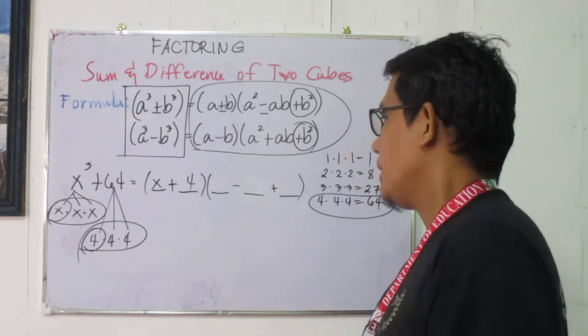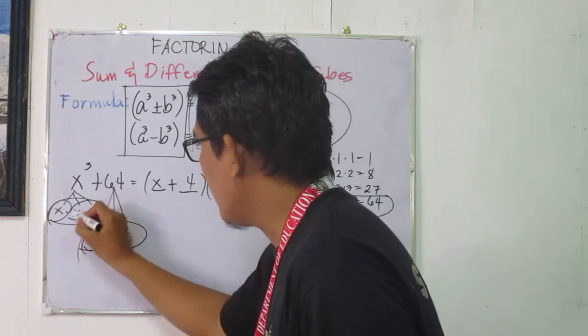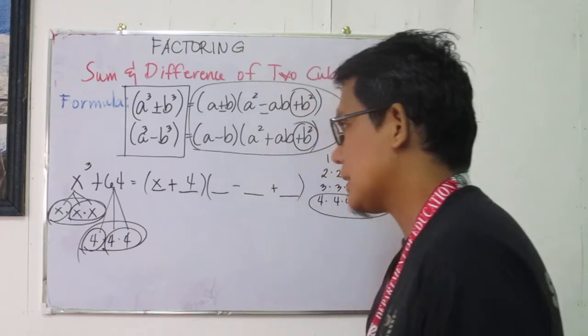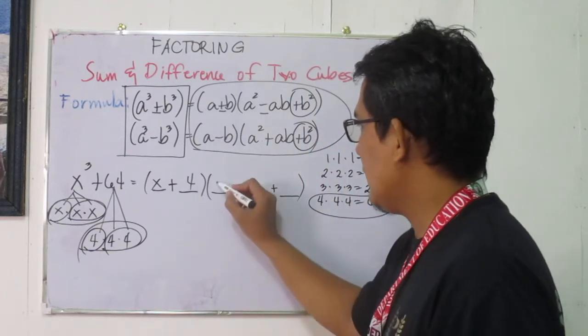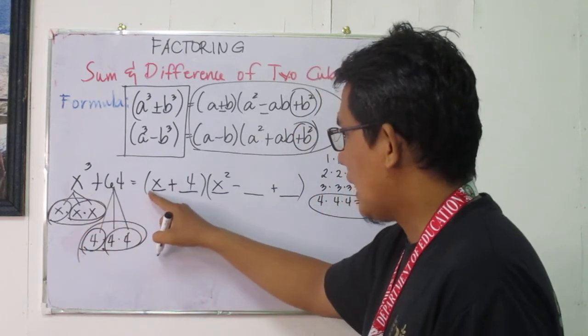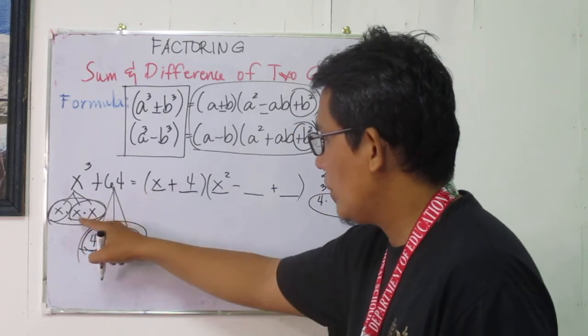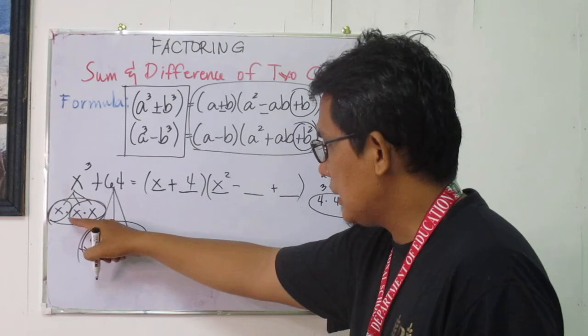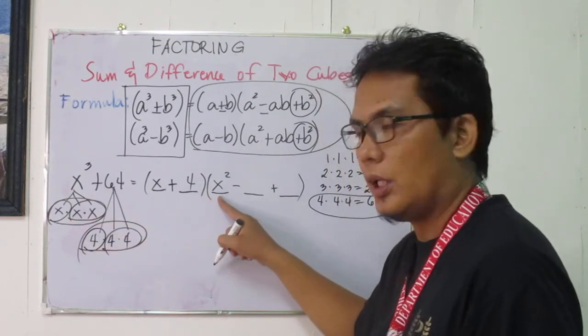Or, we can simply get our x times x, and that is x squared.